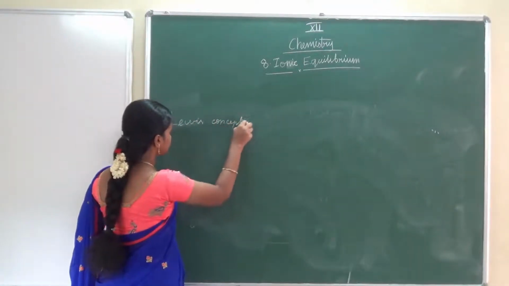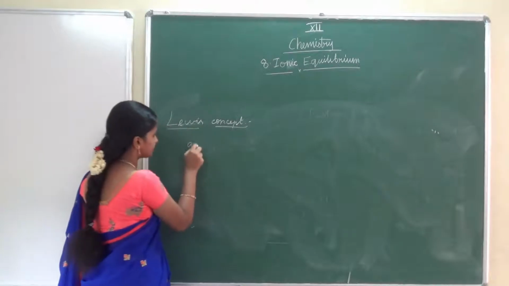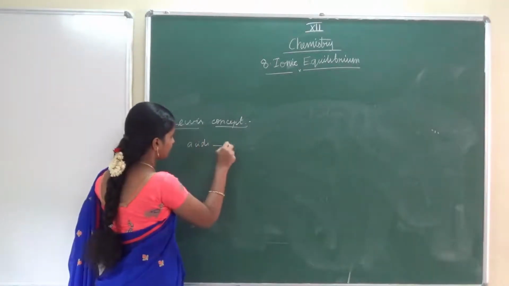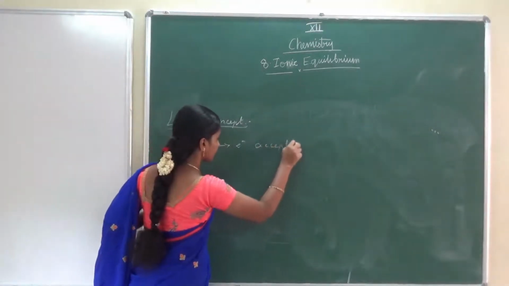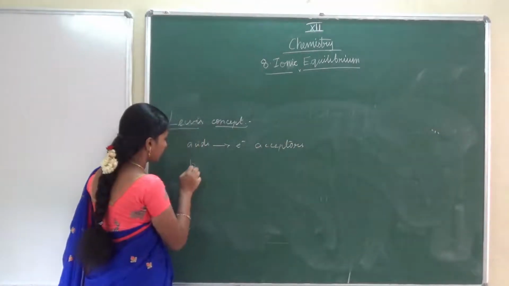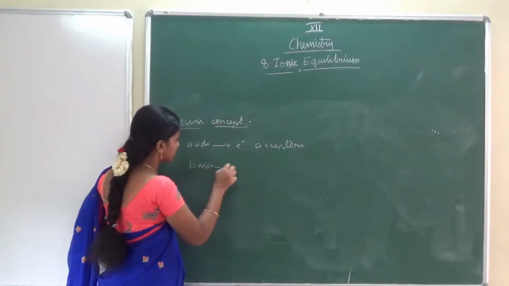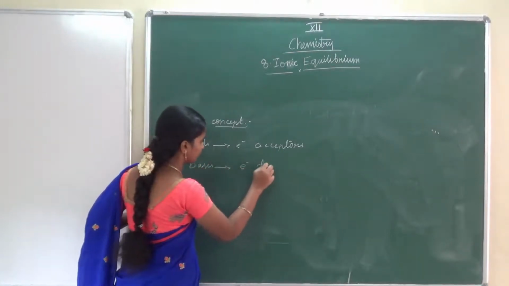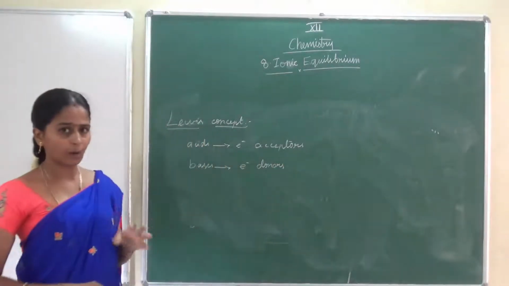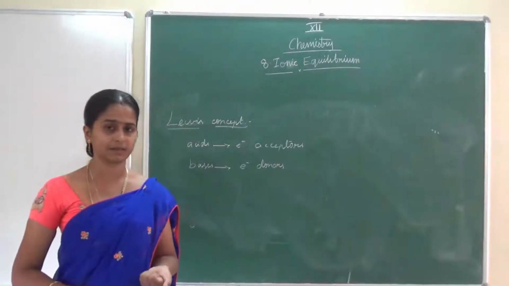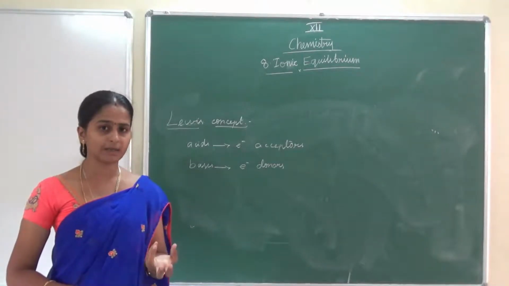According to the Lewis concept, acids are electron acceptors. Bases are electron donors. That's all. So who can accept electrons? All the positive species can accept electrons, mainly metals.